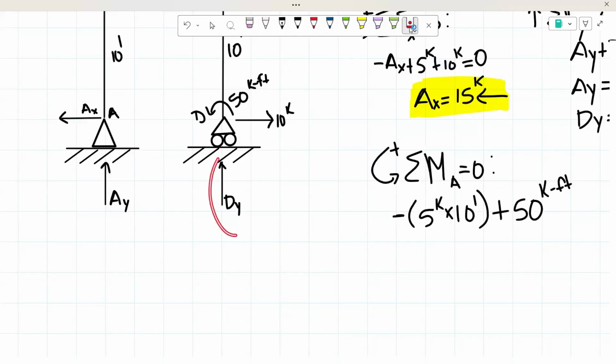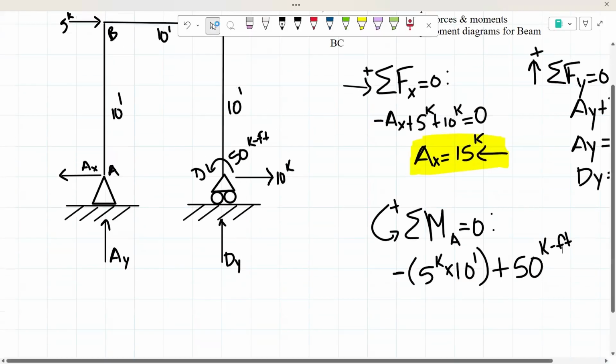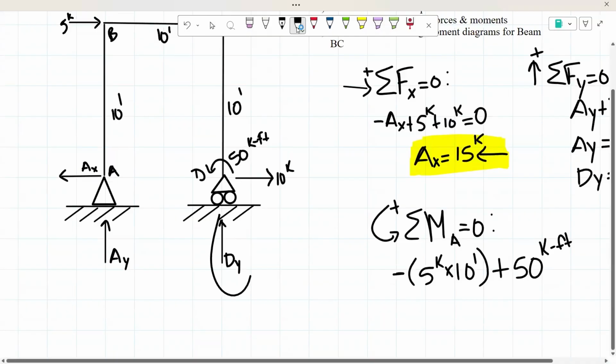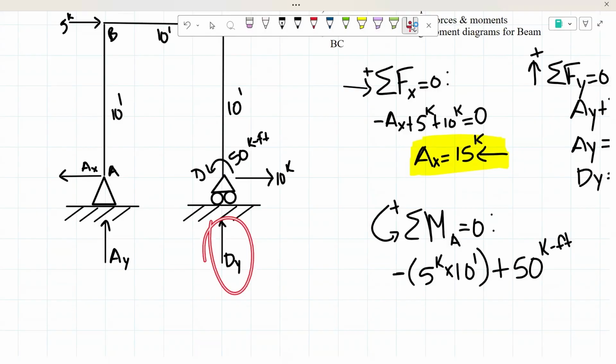But what we do have is our D sub y. Remember, our force is D sub y. That's what we're trying to find, the value of D sub y. So that's our force. And then our distance is going to be from here to here, which we know also has a distance of 10 feet. Now we just have to figure out if it's going to be a positive or a negative moment.